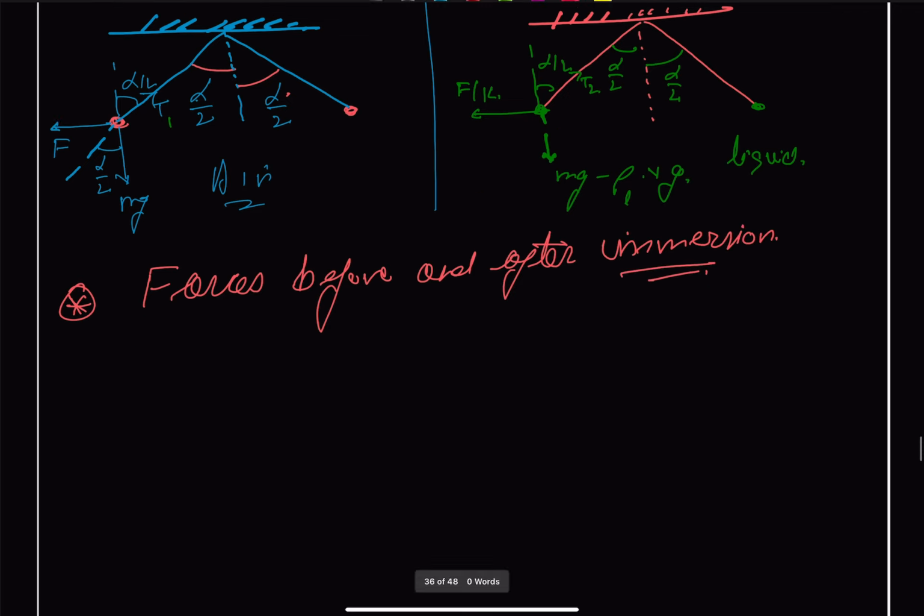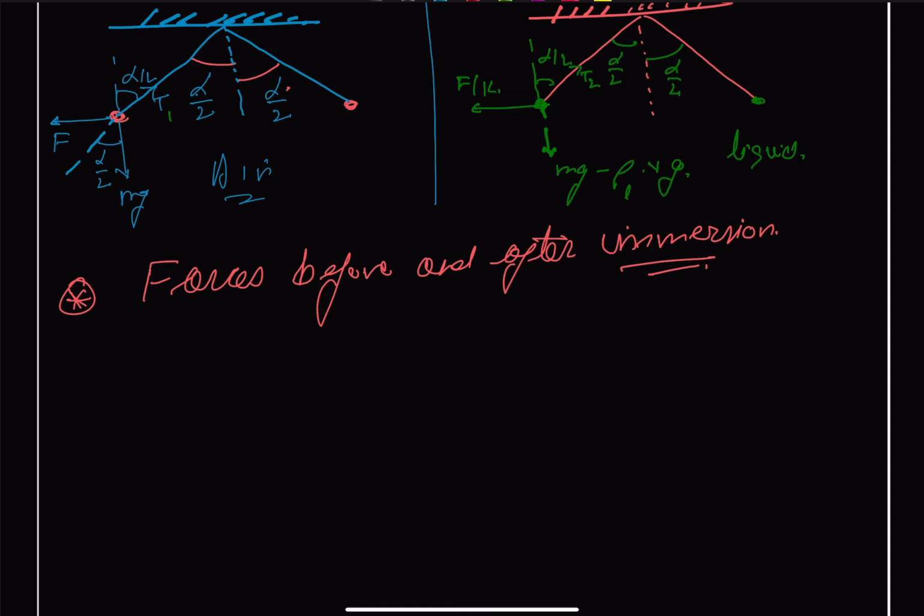So first of all, let us discuss our air. You can say in air we have our electric force, let us call this as F air, and that will be equal to 1 upon 4 pi epsilon naught.